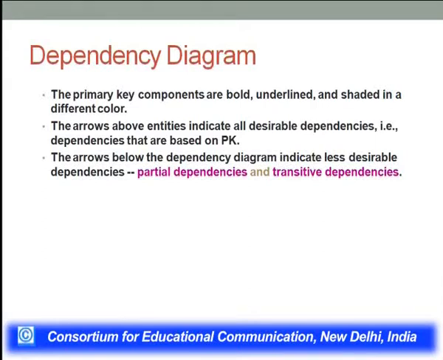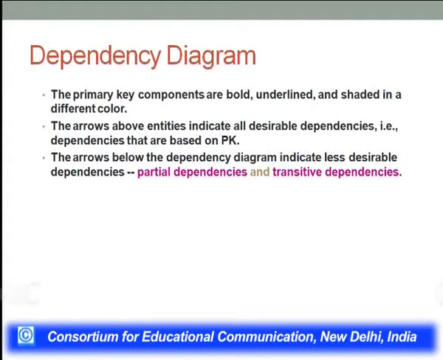So, a dependency diagram is basically a tool which is used by the database designers so that no dependency is missed and all the desirable as well as undesirable dependencies can easily be showcased. In this case, the primary key components are shown in bold, underlined and shaded in a different color.